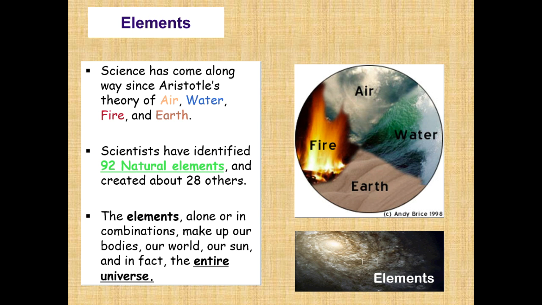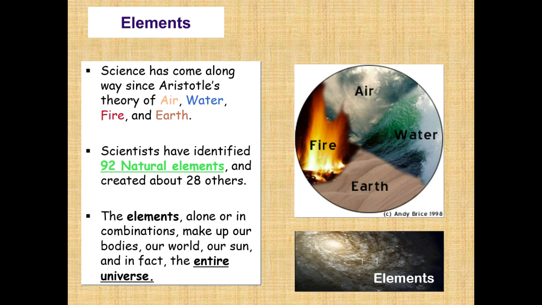We will go to the past. We will now discuss the basics of the elements. Science has come a long way since the ancient theory of air, water, fire and earth.